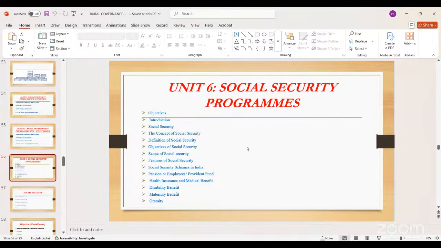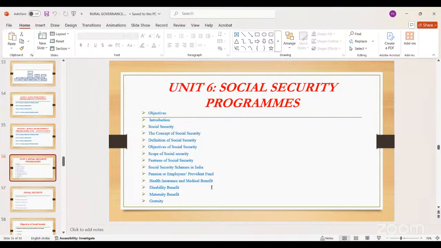And after that, we'll cover the objectives of social security, then the scope of social security, what are the features of social security, then social security schemes in India. There are several social security schemes which are being run by the government, both at the center and state level. So that also we'll cover.